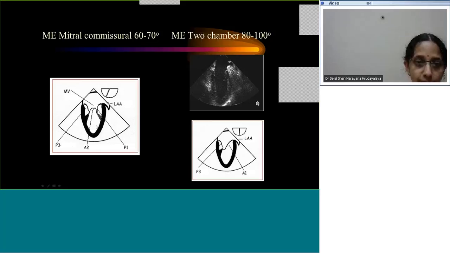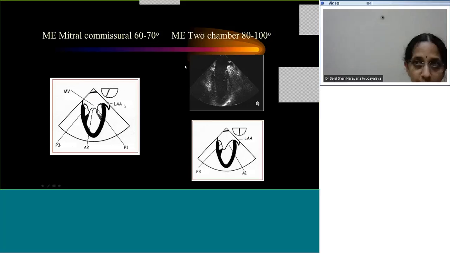And again, how it cuts the mitral scallops is in a different way, where it looks like this is the opening, but no, these are the commissures and these are the leaflets of the mitral valve. This view is important especially for the left atrial appendage in older people. So the mitral commissural view is the LA, LV and the mitral valve, with different components of leaflets at 60 degrees.